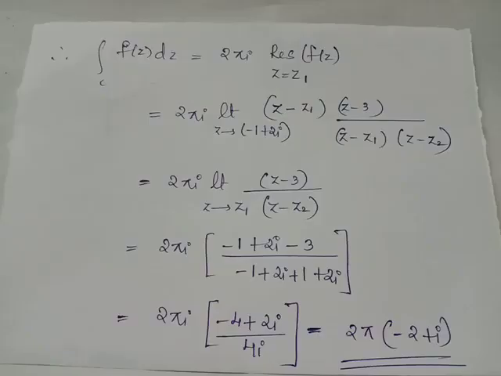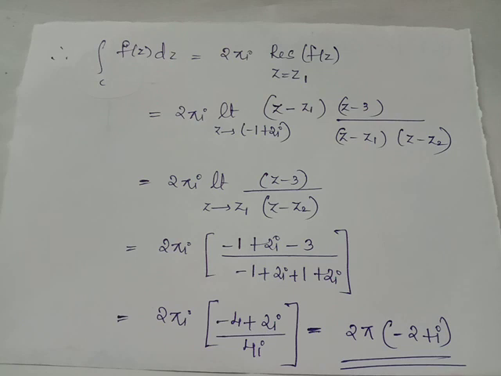In order to evaluate the integral over C of f of z dz, it's enough to evaluate the residue corresponding to z equals z1, which lies inside C. We have the integral over C of f of z dz equals 2 pi i times the residue of f of z at z equals z1. To evaluate the residue, we have the formula limit z tends to z1 of (z minus z1) into f of z.